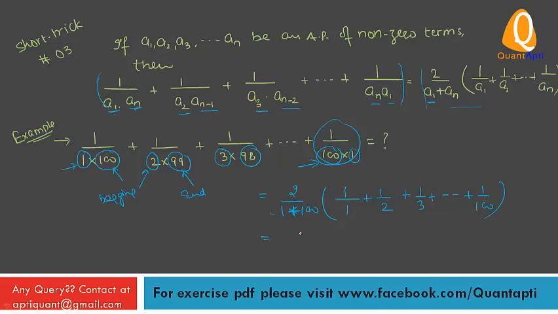Okay, 2 upon 101 times what? 1 upon 1 plus 1 upon 2 plus 1 upon 3 plus and so on, plus 1 upon 100. This is the sum of reciprocals of the first n natural numbers. So if you encounter a question like this, you can easily solve it by 2 by (a1 plus an) times (1 upon a1 plus 1 upon a2 plus and so on, 1 upon an).